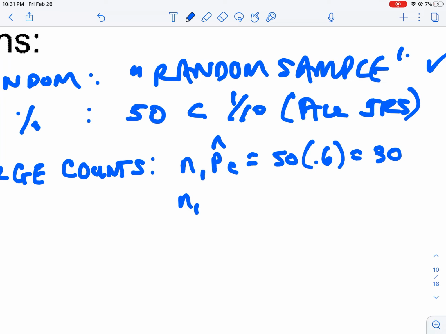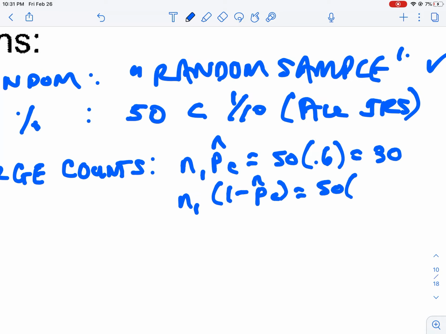And we're also going to do N1 times 1 minus p hat sub c, remembering, of course, that p hat sub c is the probability of successes, meaning getting what we want, people that went to prom, whereas 1 minus p hat sub c is the complement to that event, the probability of not going to prom.